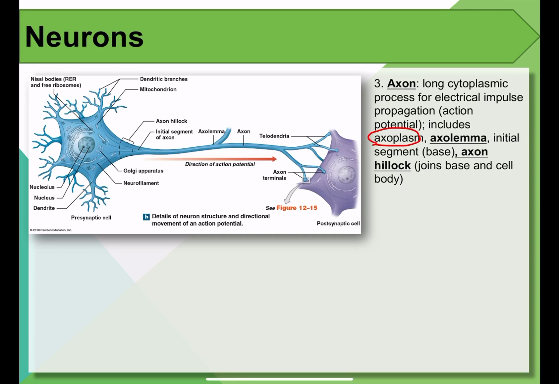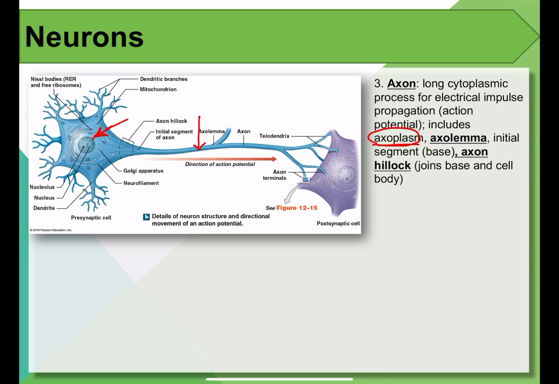That's why I said the cytoplasm of the cell body is called the perikaryon. So this cell body and the cytoplasm in there is called the perikaryon, whereas the cytoplasm within the axon is called axoplasm, kind of like how we had sarcoplasm for a muscle fiber.